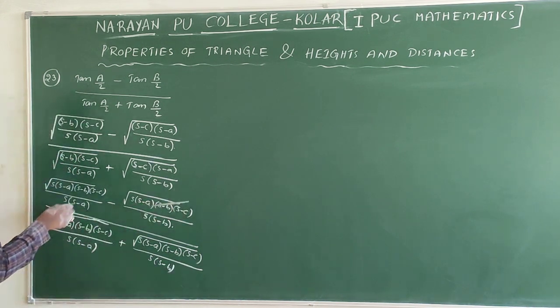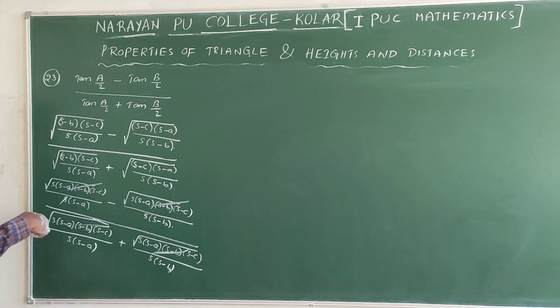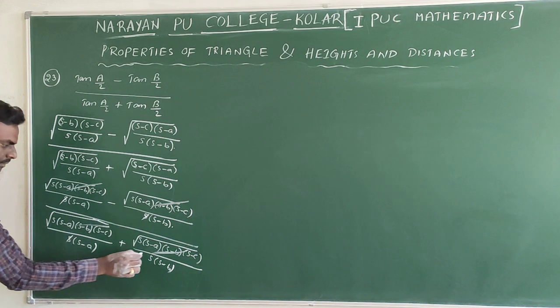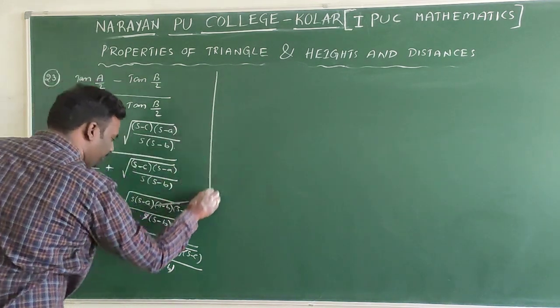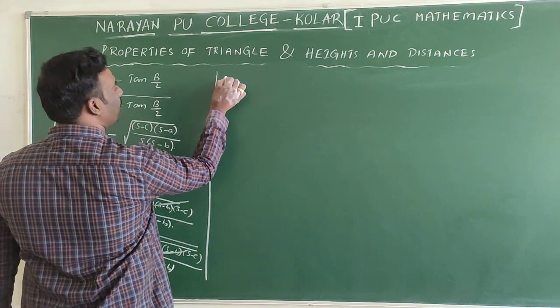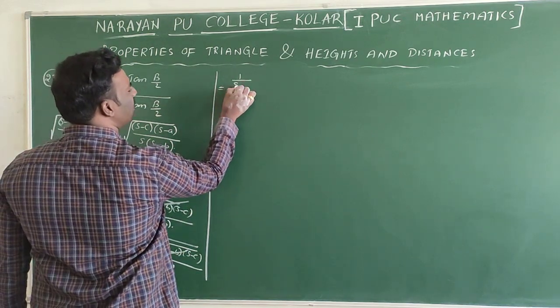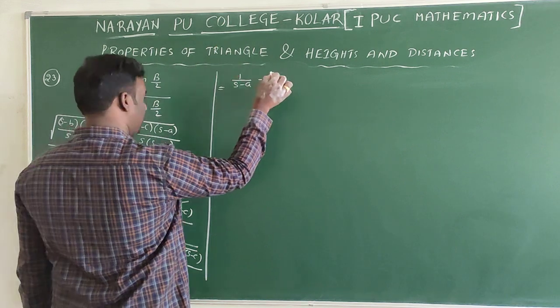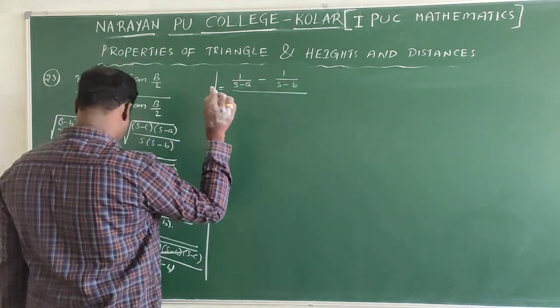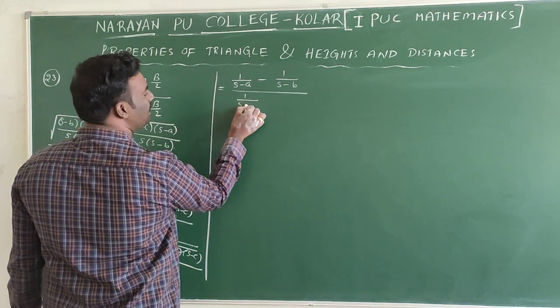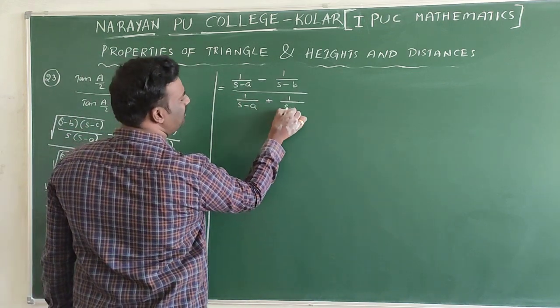See, if you take the LCM, the numerator gets cancelled. Directly it is cancelled. Write down the remaining values: 1 by (S minus A) minus 1 by (S minus B), by 1 by (S minus A) plus 1 by (S minus B).